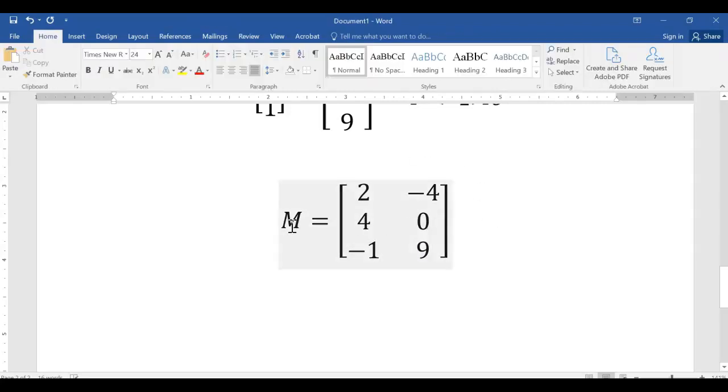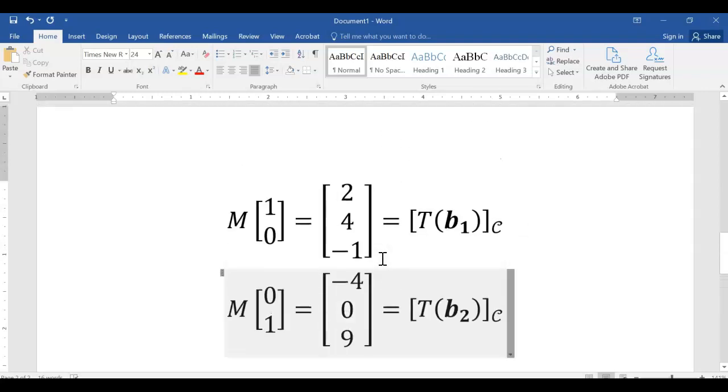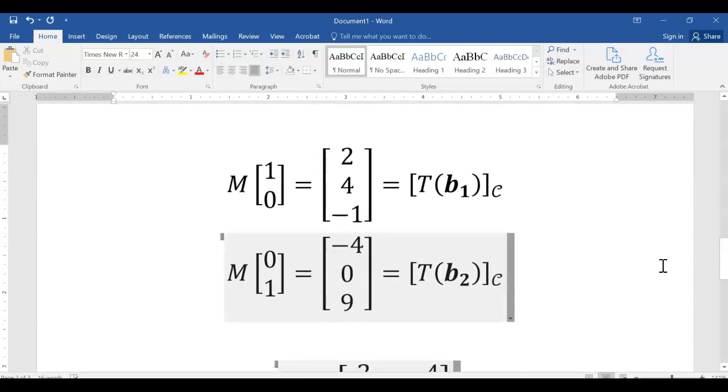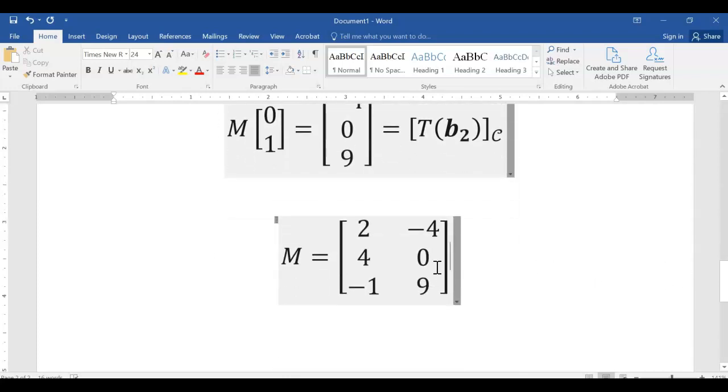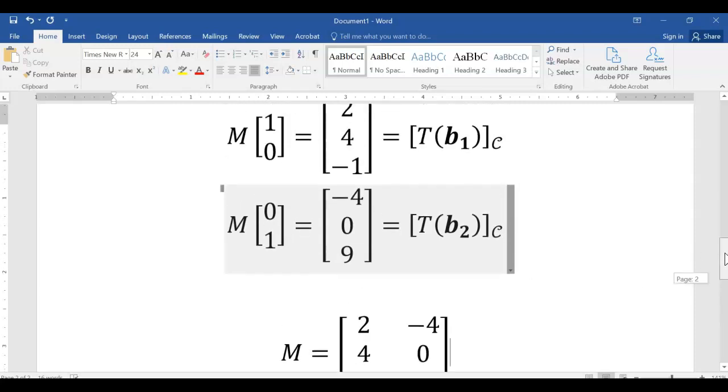And therefore, this matrix M is going to be the one we need to multiply by to go from coordinate vectors with respect to basis B and transform them into coordinate vectors with respect to basis C. So there you go.